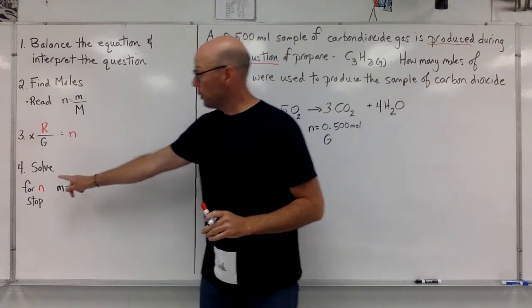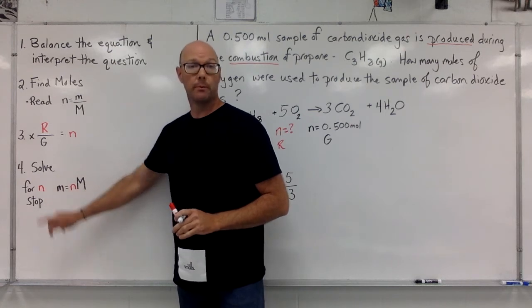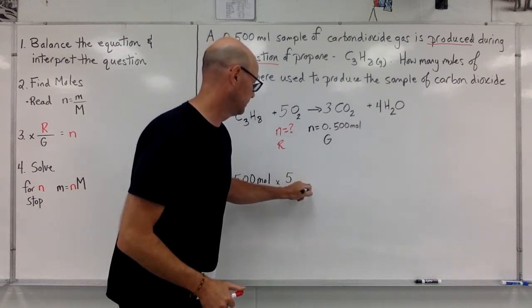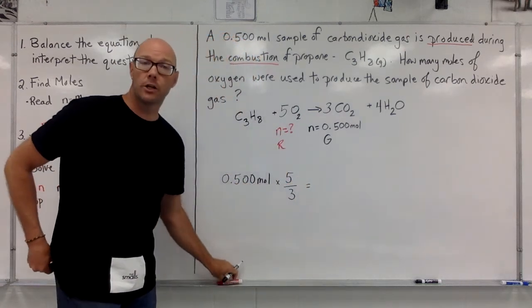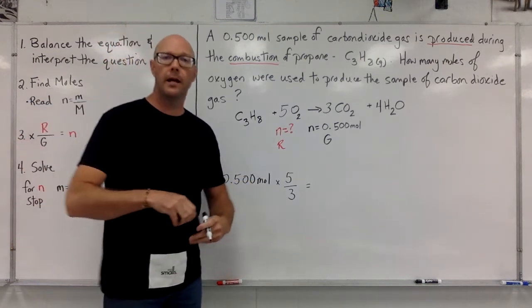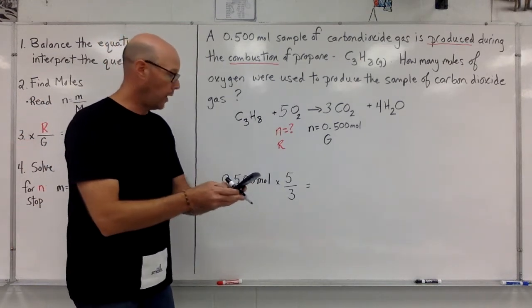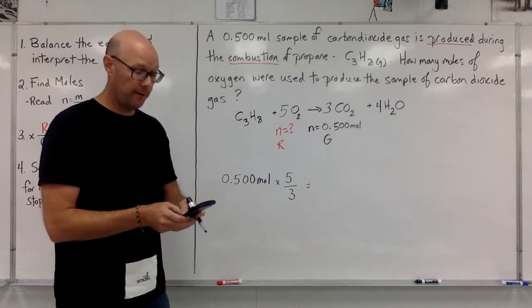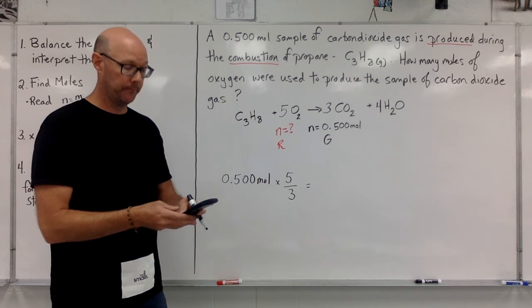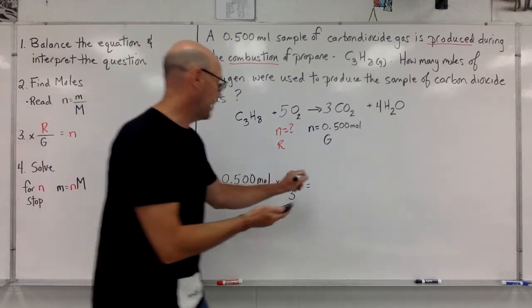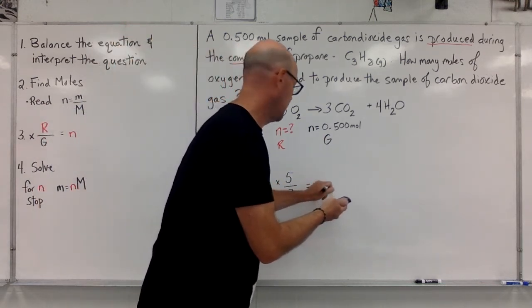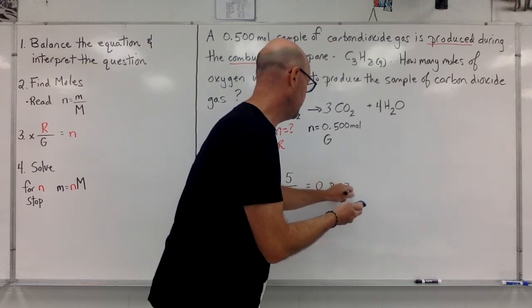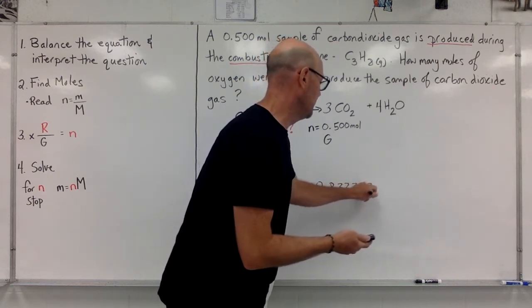Here we're looking for the moles, so our last step is we're just going to stop. We can take our time. We could probably do this math in our head. Let's take our time though. 0.5 times the mole ratio, R over G, 5 over 3, gives an answer of 0.833333.